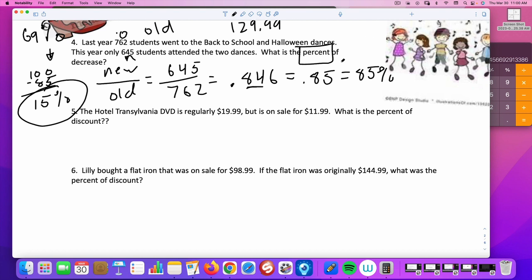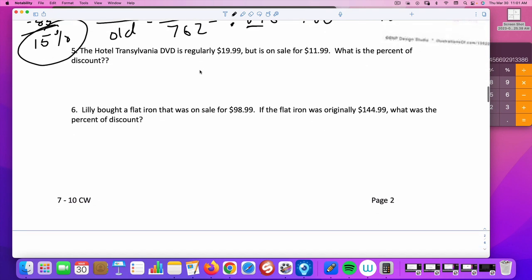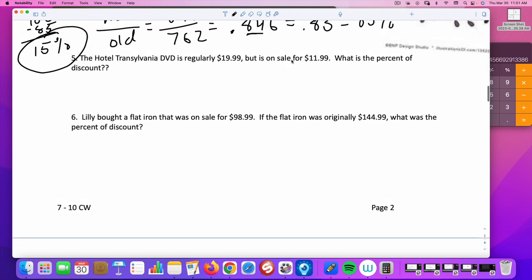It's tempting just to circle 85 and move on, but you need to work backwards and subtract either 100 or do 100 minus that percent. On sale, discount. Okay, try number 5 on your own. I should see a few things as I'm walking around. I should see old and new above one of the numbers.